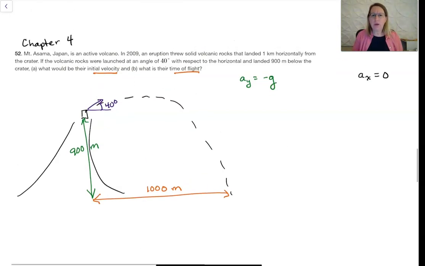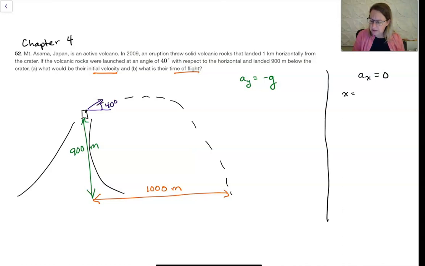So if we start in the x direction, because that's often easier, we have x is equal to x sub 0, our initial x position, plus v0 in the x direction times t. So that's our velocity in the x direction, and it just stays the same.